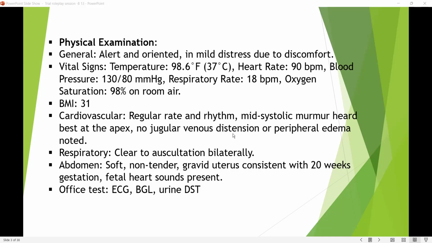For example, Dr. Sarah asked me about hands, vital signs, and then general appearance. But when she asked about cardiovascular examination, she asked all the inspection, palpation, and auscultation findings in one go.